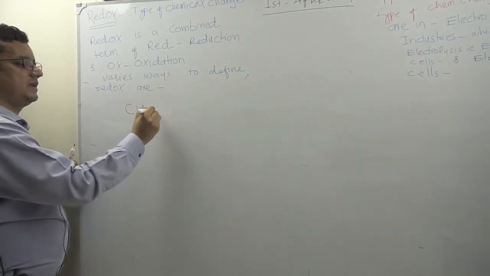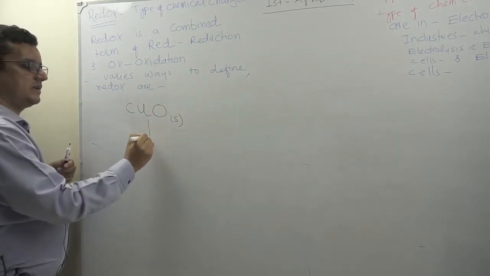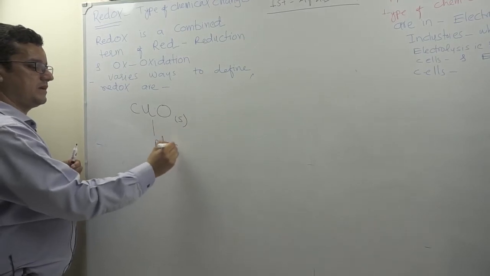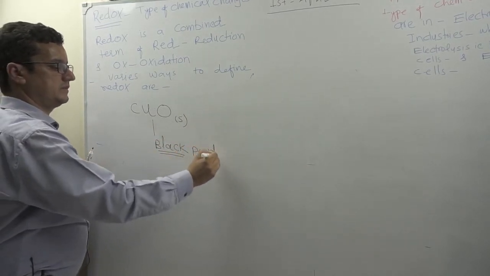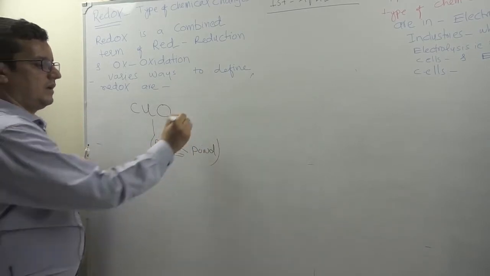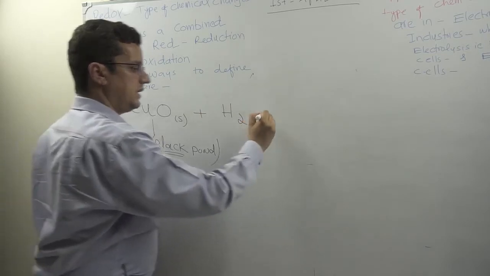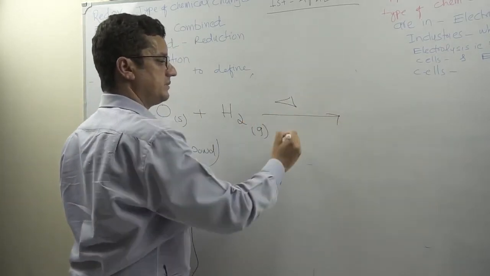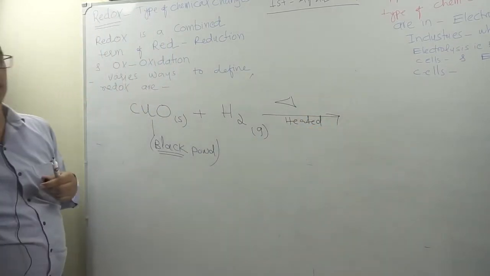We have black powdered copper oxide, and when it is reacted with hydrogen gas, heated together, redox will again take place.